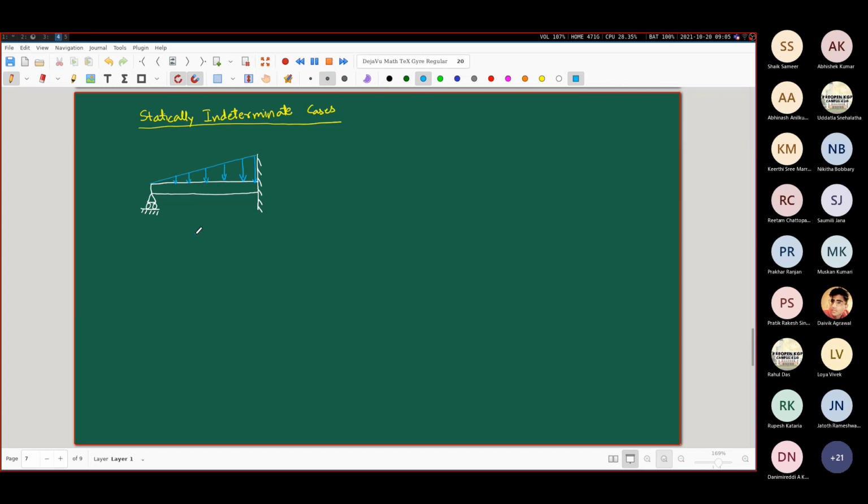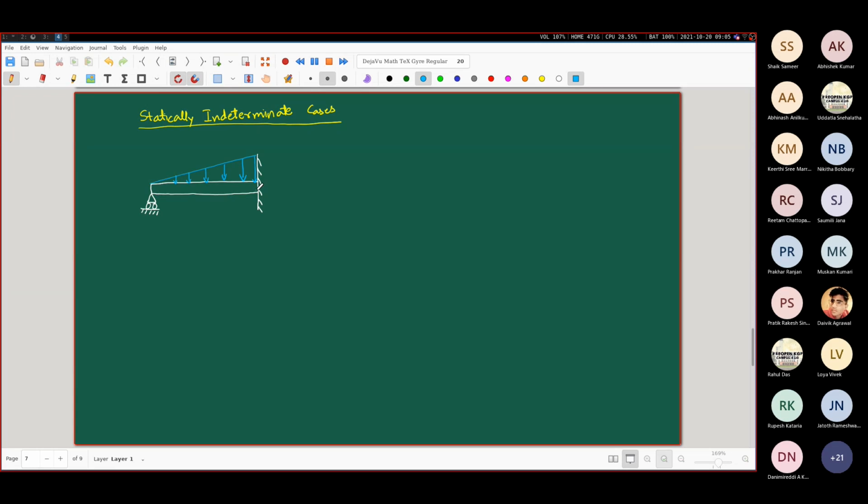What are the four unknowns here? Mz, then Fy, Fx, and the reaction at the roller joint. At the roller, how many forces are there? Only one force.